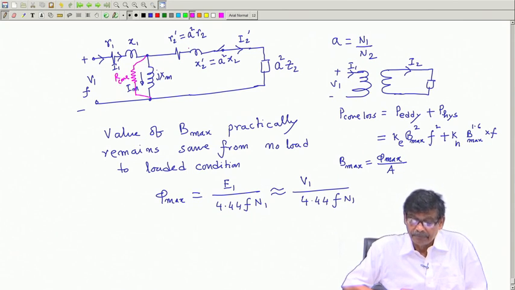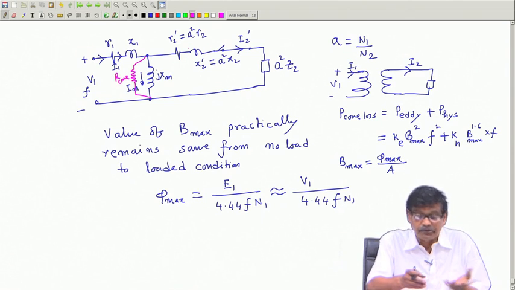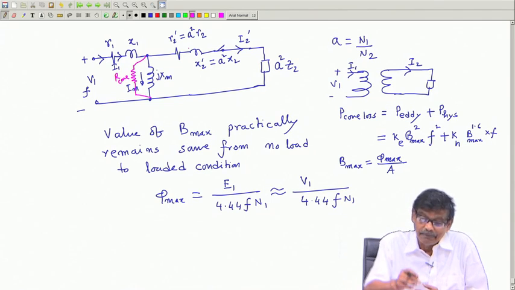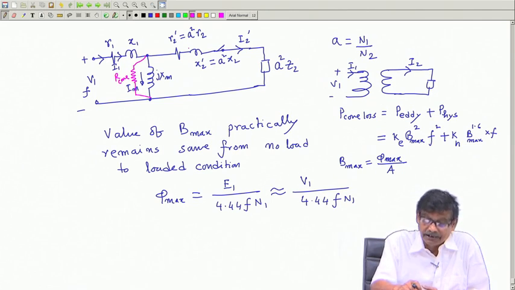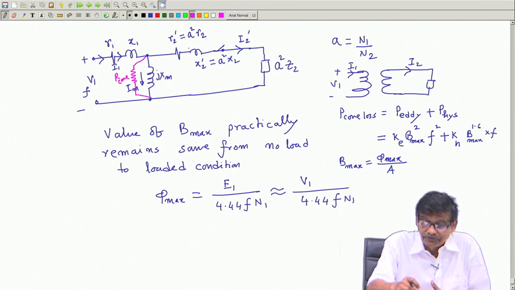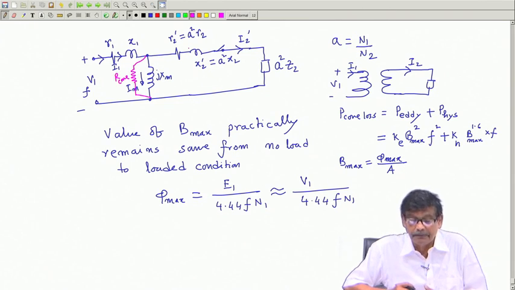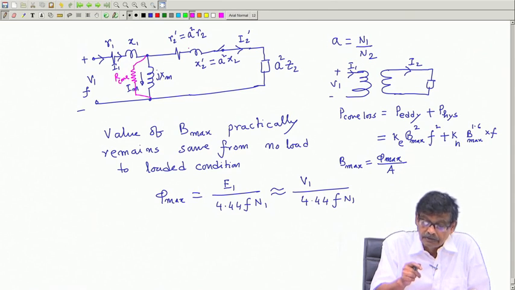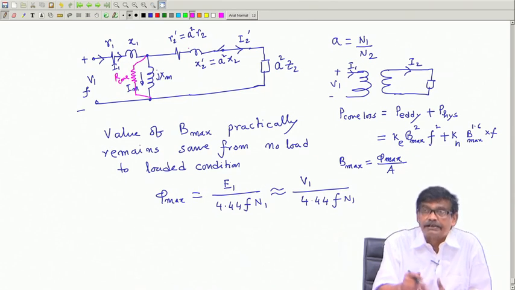And it certainly should not be in series, because it depends on B max, and B max is decided by this voltage across this impedance, that is Im, that decides B max. Therefore, the core loss resistance, which will represent core loss, must be shown connected in parallel with Xm.